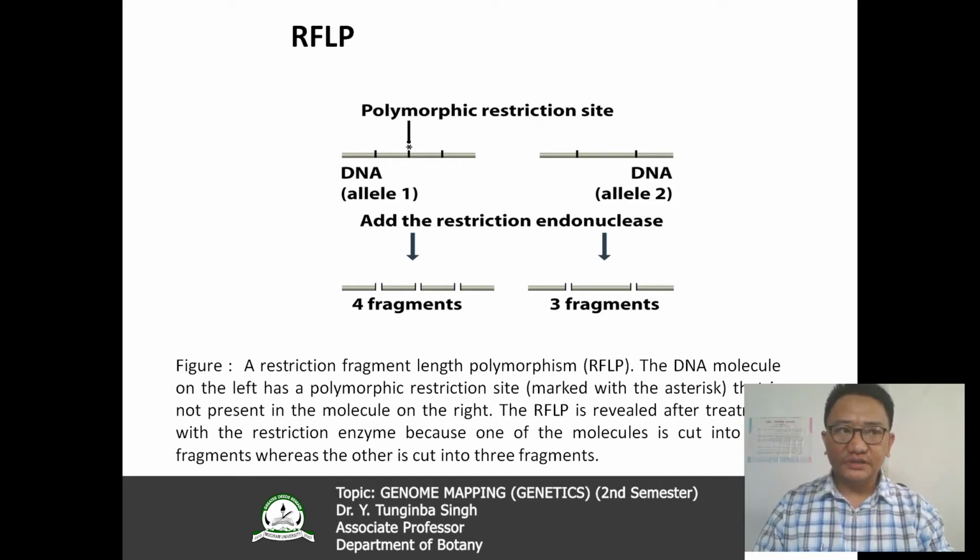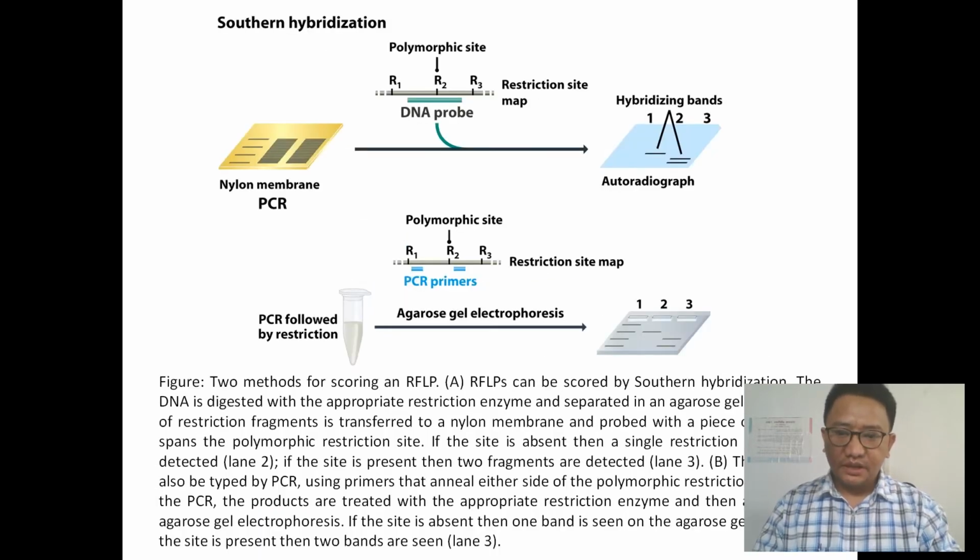Similarly, PCR can also be used to score the RFLP, where primers are designed around the polymorphic restriction sites and a PCR is done. Depending upon the number of cuts, it will show different numbers of bands in the PCR product on agarose gel electrophoresis. I can quickly show you the picture here on the screen.